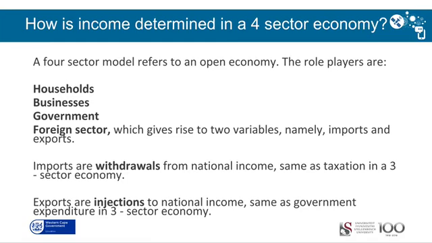Now, within a four-sector economy, the role players are households, businesses, government, and the foreign sector. Now, remember, when we introduced the government, the two variables that we introduced were injections and leakages. Now, with the foreign sector, we have another two variables that are introduced, and these are imports and exports.